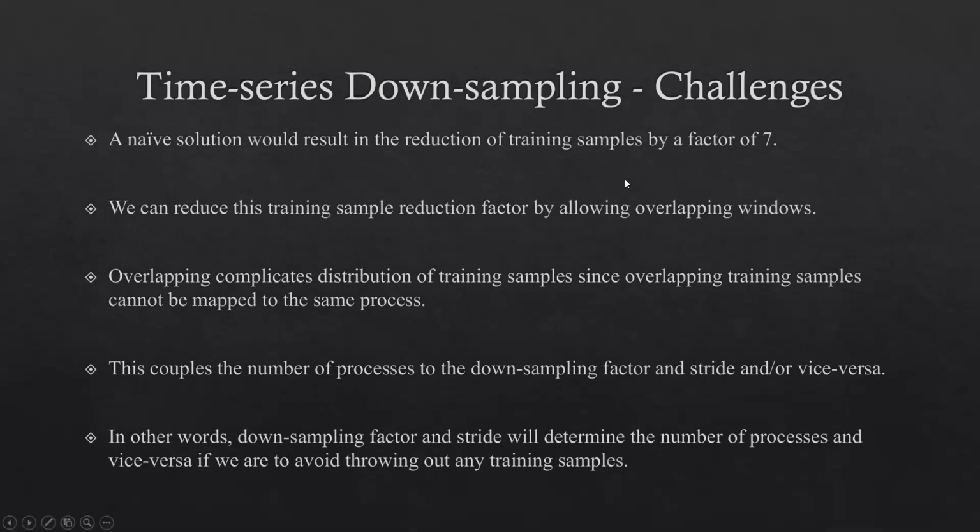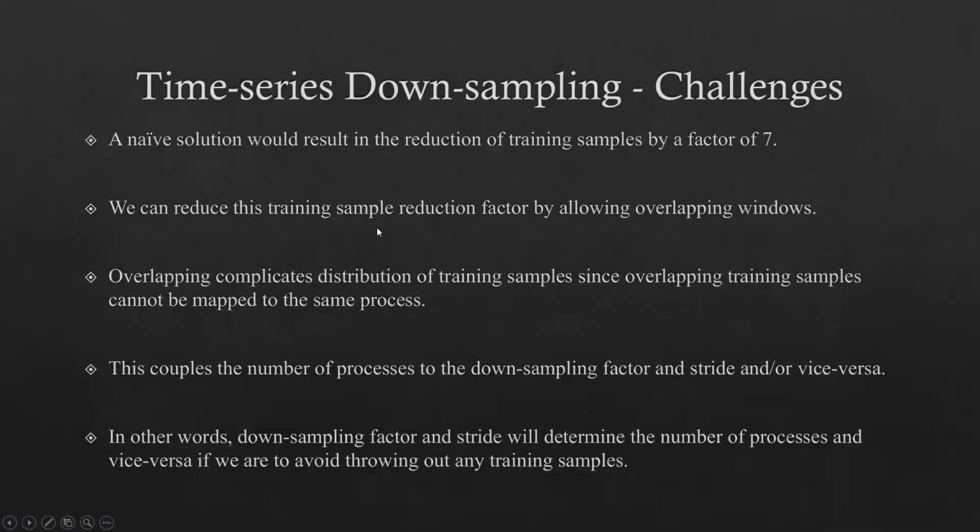If you do this, you're going to reduce the number of samples you have to train on by a factor of 7, which is a lot. It would take us from roughly 31,000 down to about 4,000, which would be difficult to train on if we have that limited number of samples.